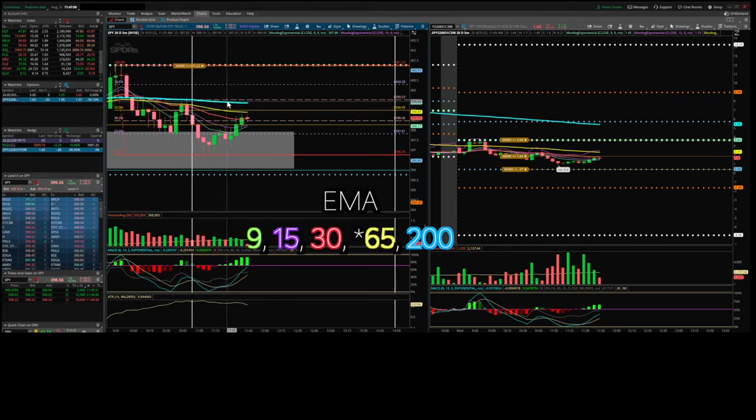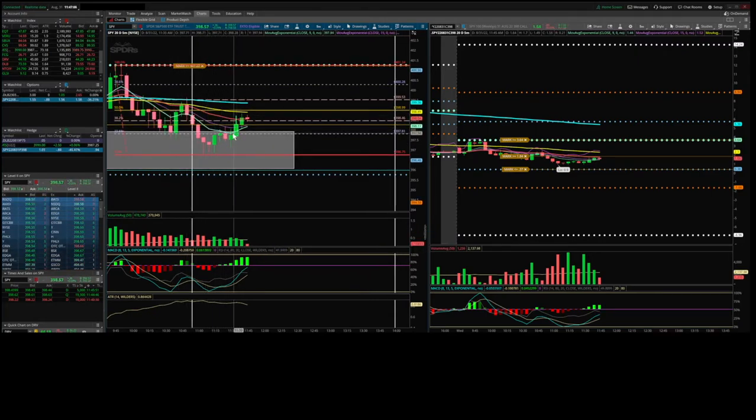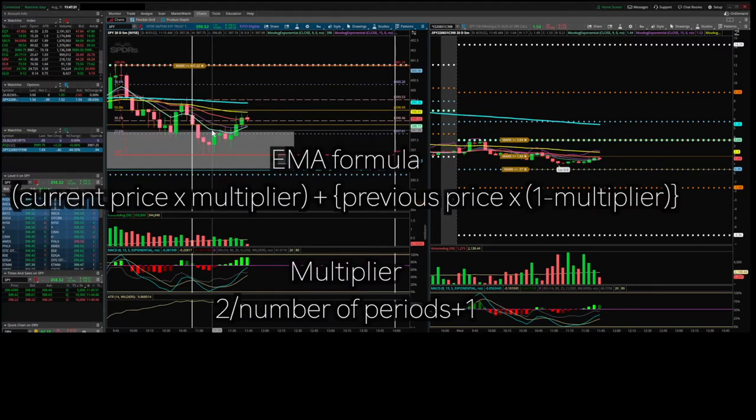Until 200 we're just doubling, and we're using EMA because EMA weighs the period right before the current one, so it tracks closer. The full formula is, for example, this price times the multiplier.